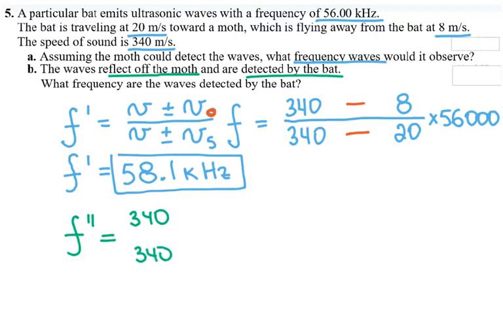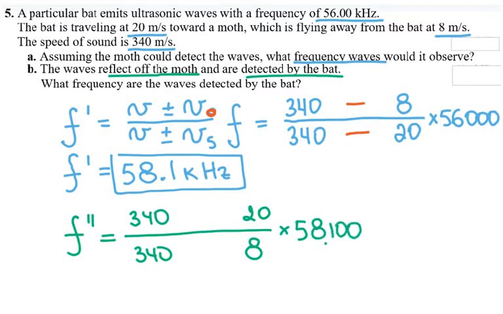So I'm gonna plug in 340. My observer is now the bat, moving at 20 meters per second. And my source in this case is the moth, so that is 8 meters per second. The frequency that the moth emits is 58,100.